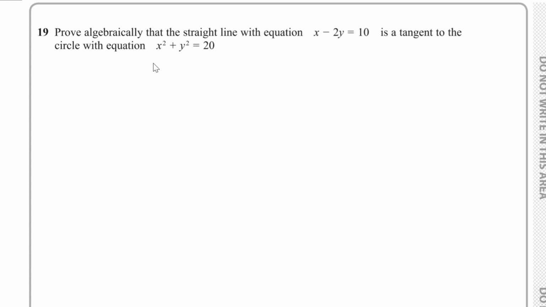Question number 19, we have to prove algebraically that the straight line with equation x minus 2y equals 10 is a tangent to the circle with equation x squared plus y squared equals 20.